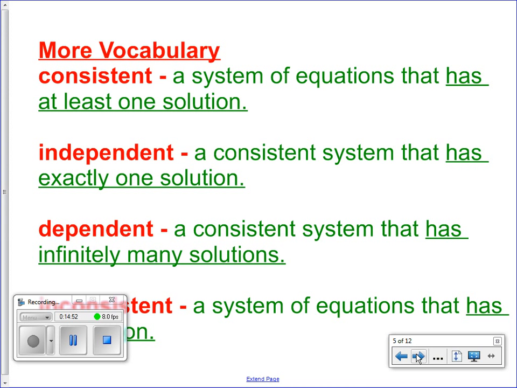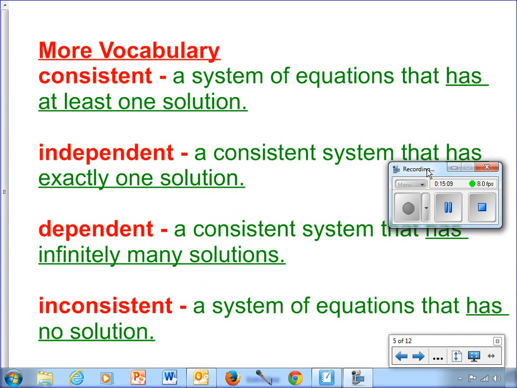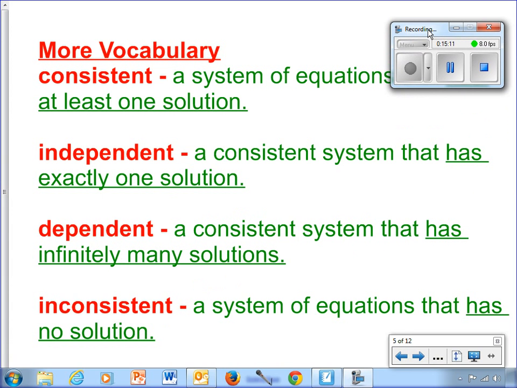So the one that we just did had one solution. It would be considered consistent and independent. A dependent system is a consistent system that has infinitely many solutions, and an inconsistent system is one that does not have any solution.